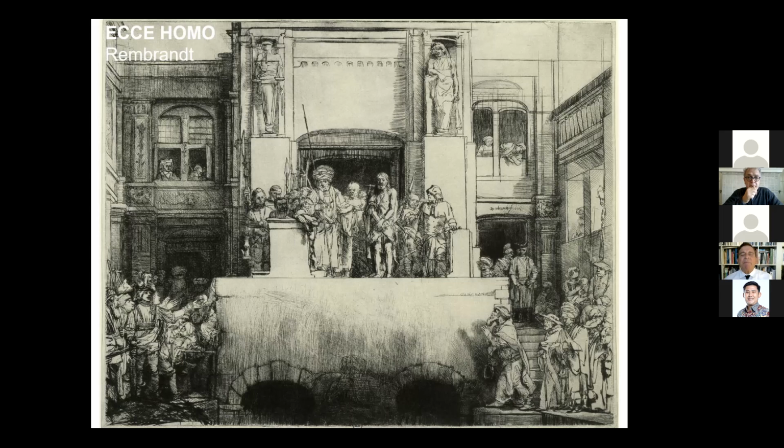Do you remember Mies van der Rohe? Mies van der Rohe one day said, oh, Rembrandt was designing this horizontality with a ruler. It's so perfect.